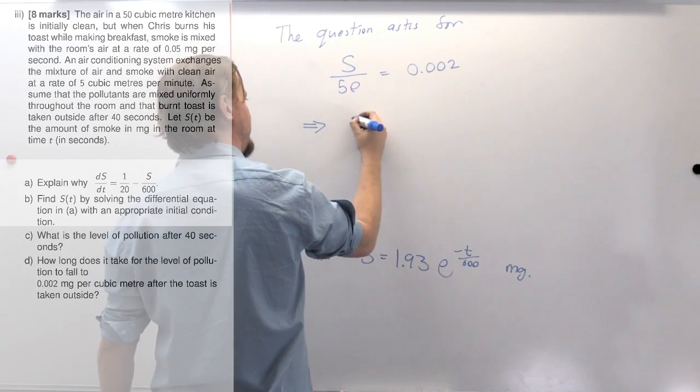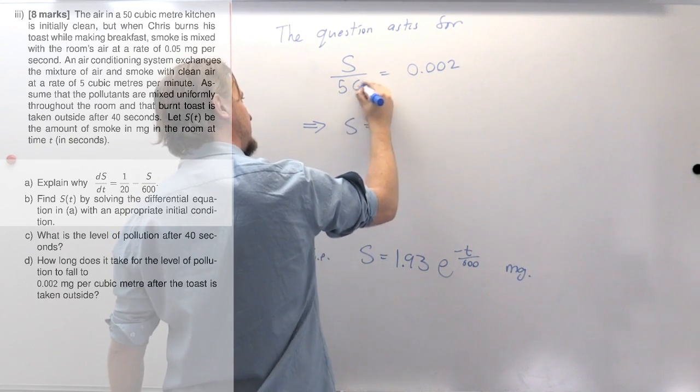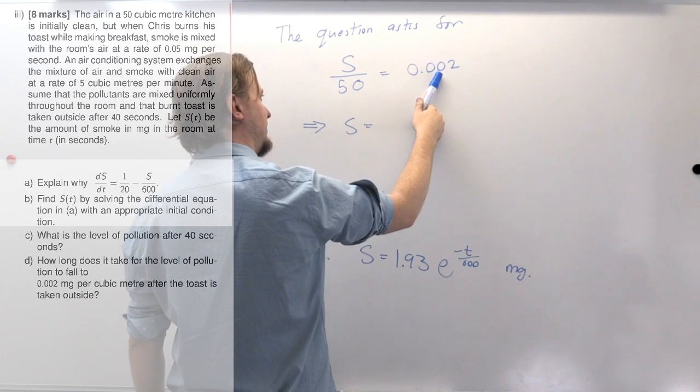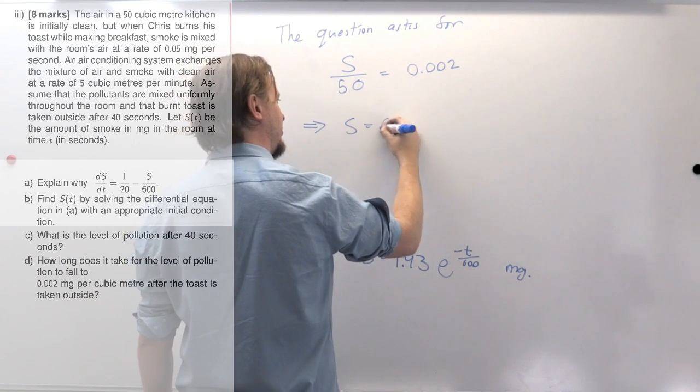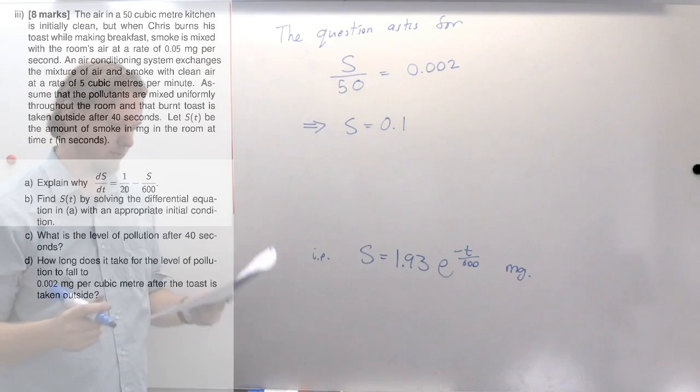So that tells me I'm looking for S equal to 50 times that. So times that by 50, first by 10 I get 0.02, times that by 5 I get 0.1. So I times that by 50, I think I get 0.1, yes.